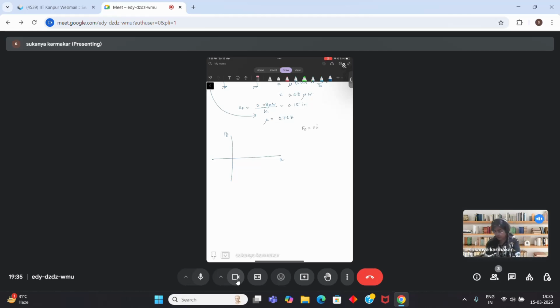So if you plot that, let me call this FD. If I plot that, your plot will look something like this. And if you have a spring mass kind of system, suppose you have a spring as well as a damper, then what will be the total energy dissipated?